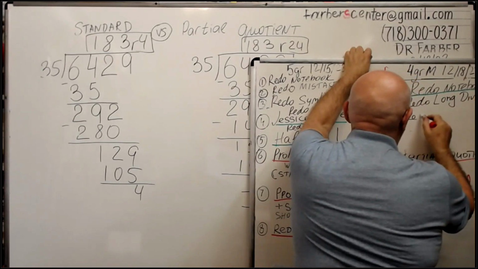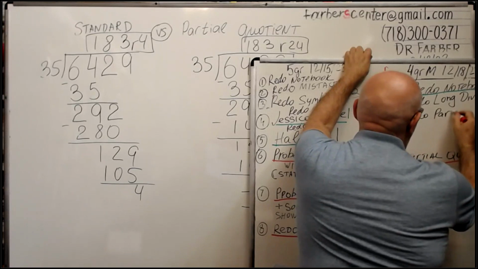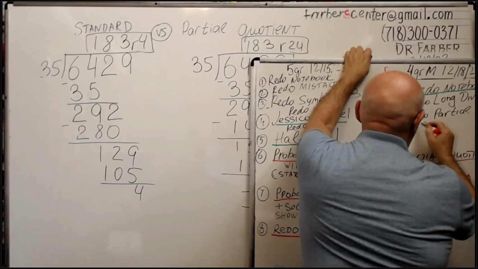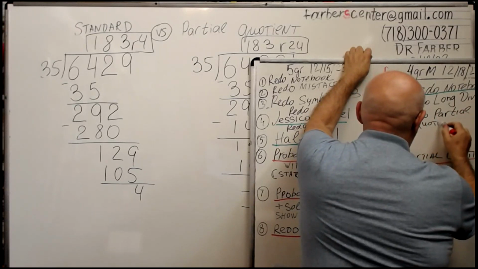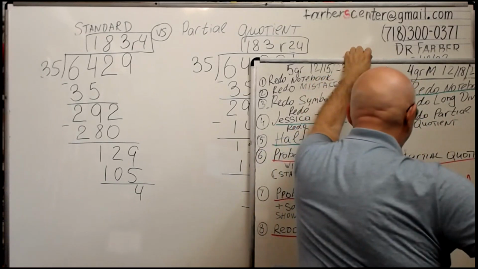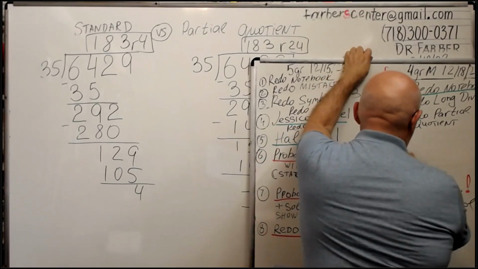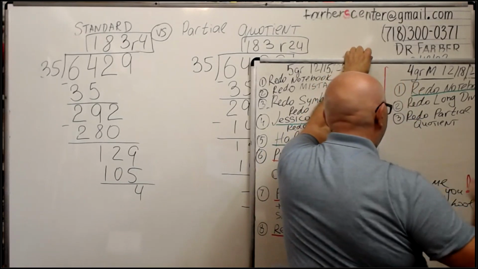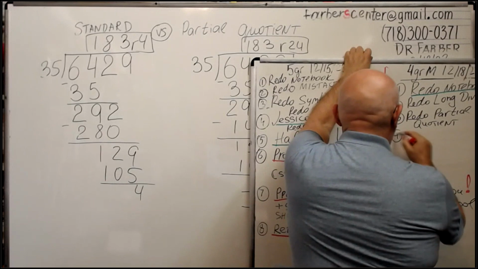And redo partial quotient. Number 4. This was what you're supposed to redo. Number 4. You get some handouts for prime numbers.